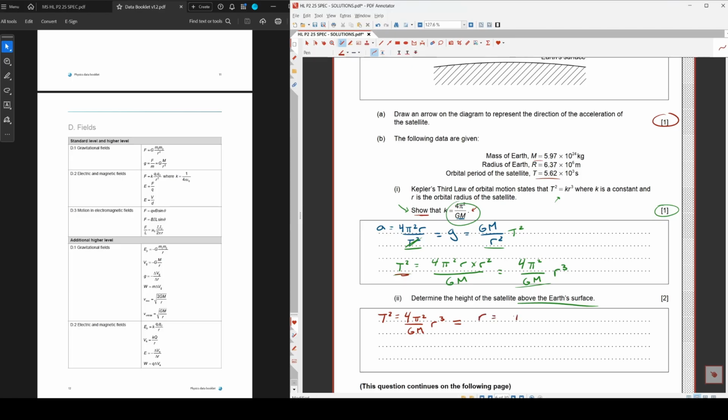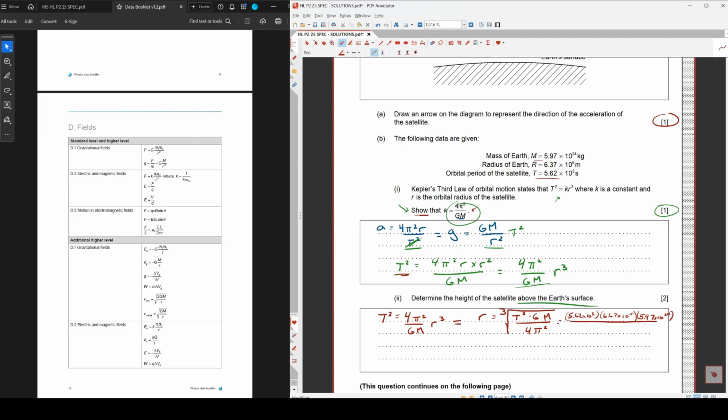So, okay, R is going to be period squared times G times M over 4 pi squared. And then R is cubed, so to solve, I got to do this whole thing in cube root. So I'm going to cube root all that stuff, plug in. 5.62 times 10 to the 3 seconds times good old big G times M, the mass of the Earth, always given if you need it.